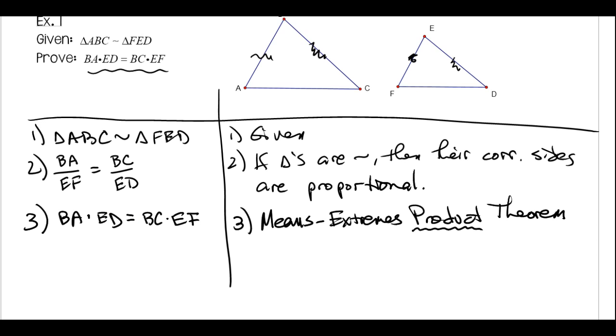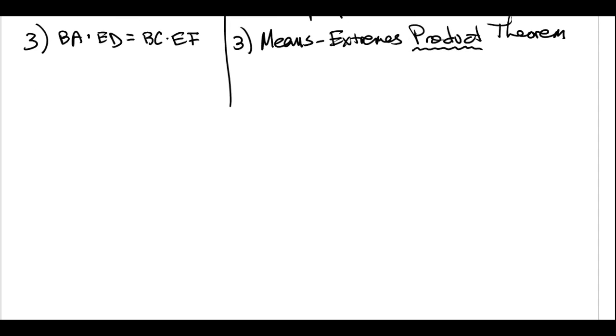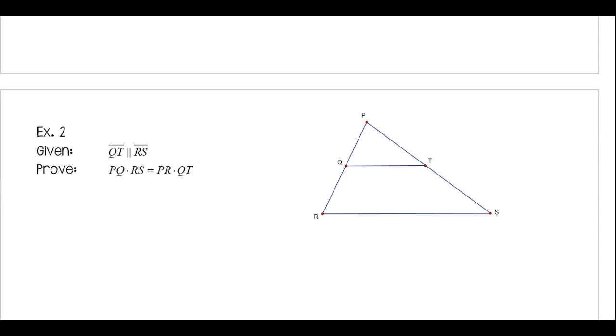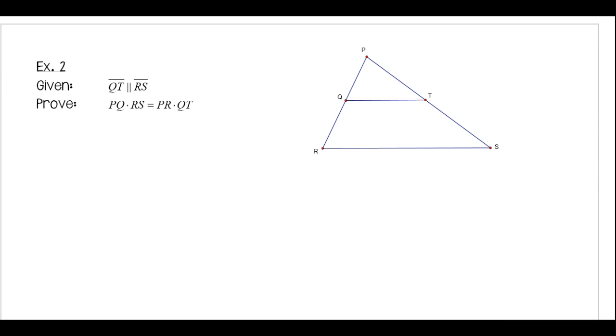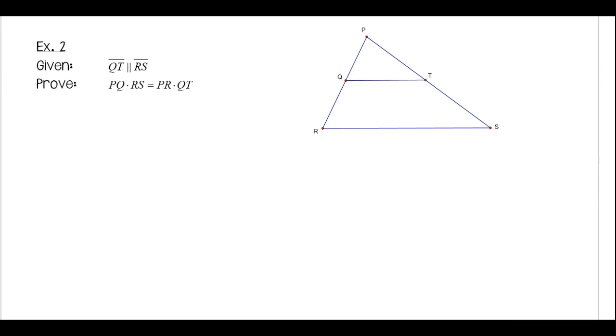As always, write down questions. Make sure you ask me in class. Moving on to example 2. So we're given that QT is parallel to RS, and we want to prove PQ over RS, so that's this side over here, is equal to PR, so that's this whole side over here, over QT, this side over here.